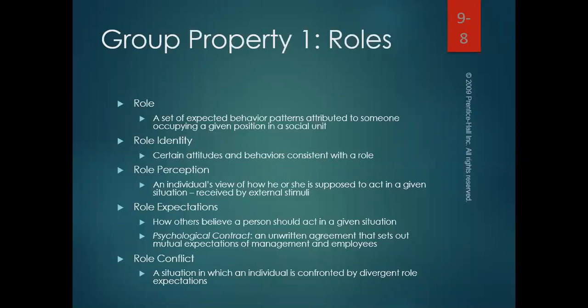Persons should have the ability to shift roles when the situation demands, and this requires changing attitude. Role identity is a certain attitude and behaviors consistent with the role. Role perception is an individual's view of how he or she is supposed to act in a given situation, received by external stimuli.